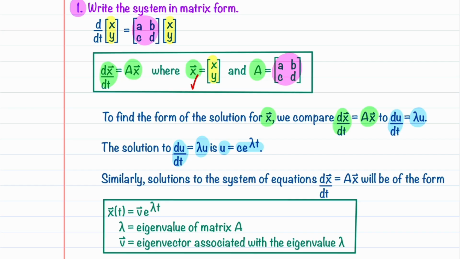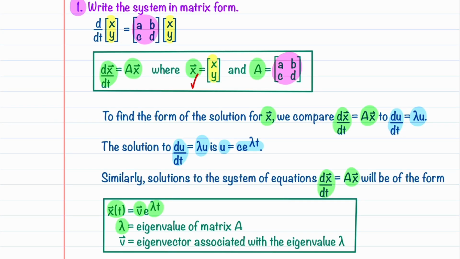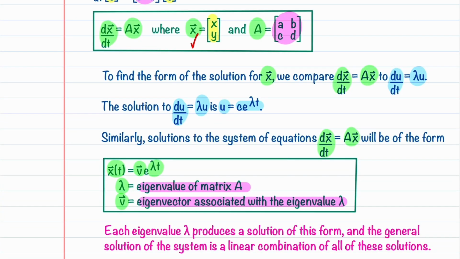Similarly, solutions to our system of equations dx/dt equal to A times x are going to be of the form x(t) equal to vector v times e to the lambda t. Lambda is the eigenvalue of matrix A, and v is the eigenvector that is associated with that eigenvalue. Each eigenvalue lambda is going to produce a solution in this form right up there, and then the general solution of our system is going to be a linear combination of those individual solutions.